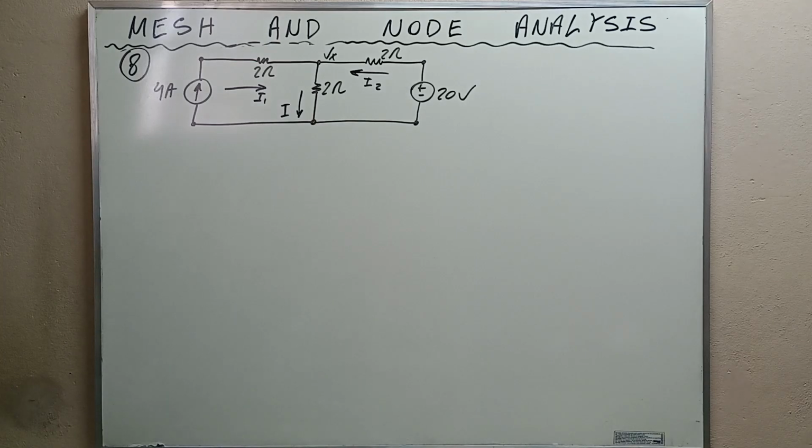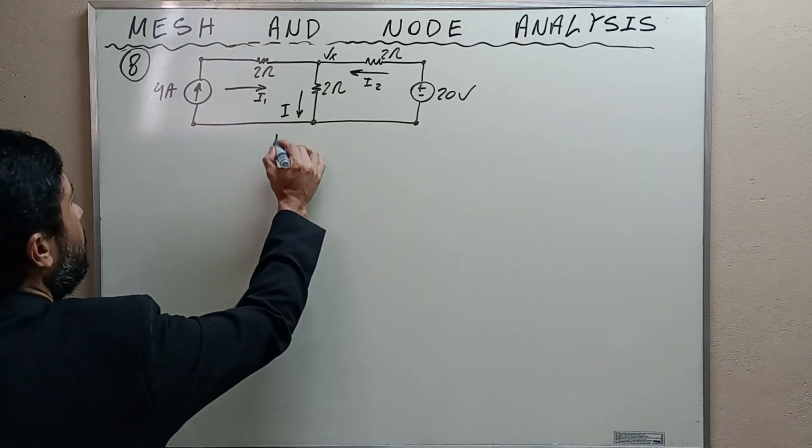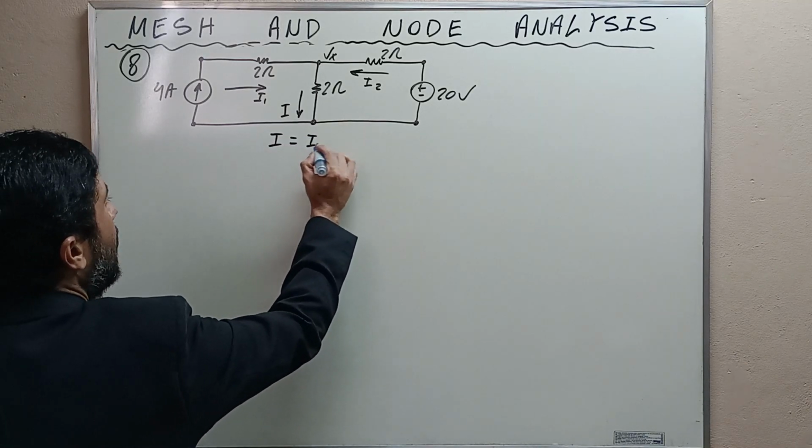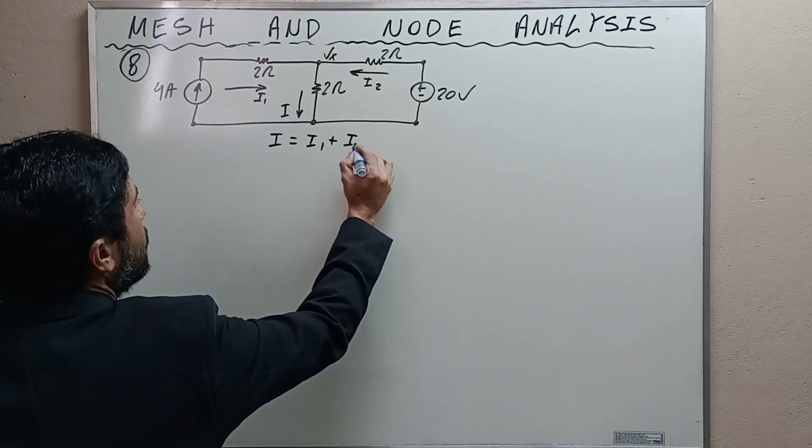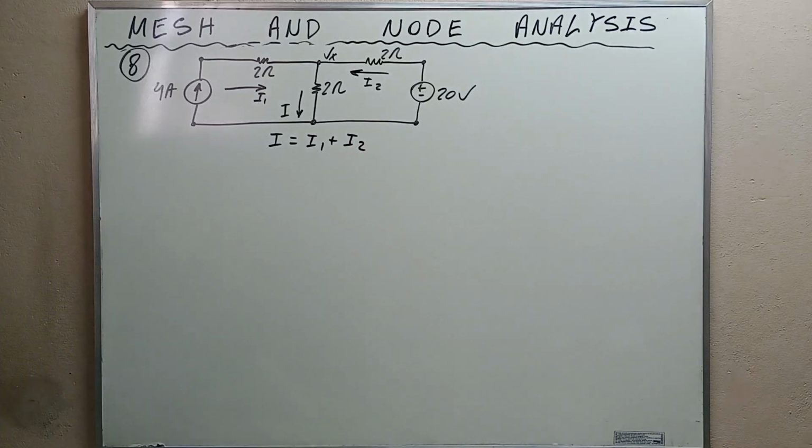Okay, my friends? Observe that while current I1 and I2 enter the node, current I leaves the node, alright? Consequently, I is equal to I1 plus I2, okay?